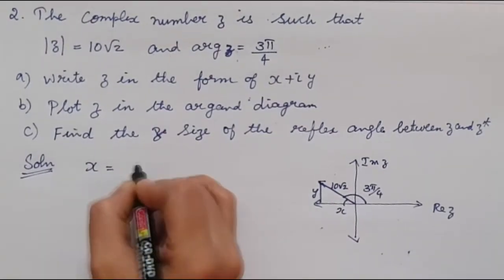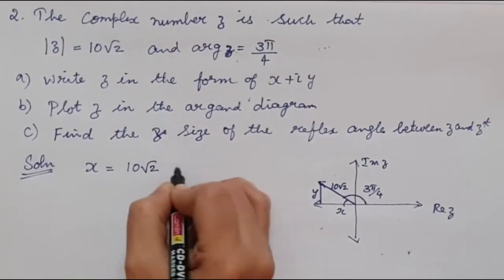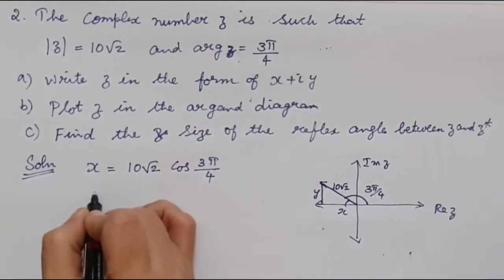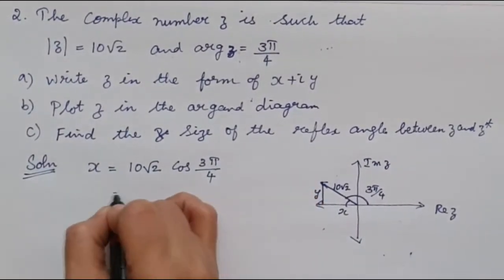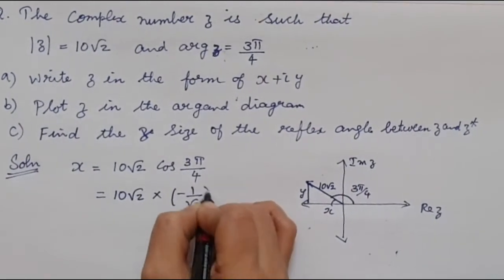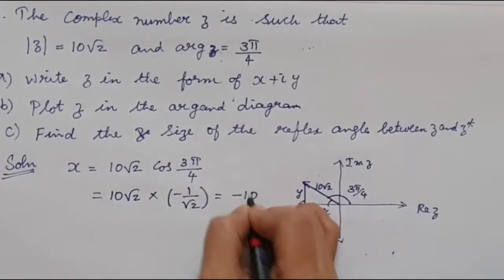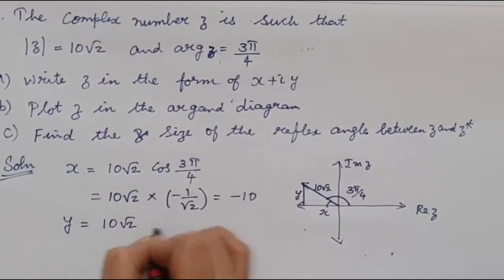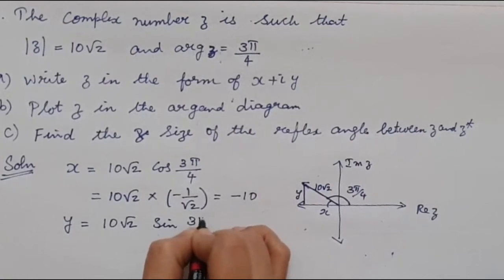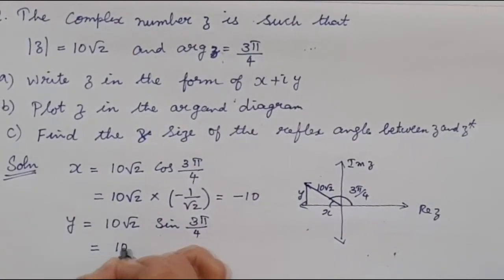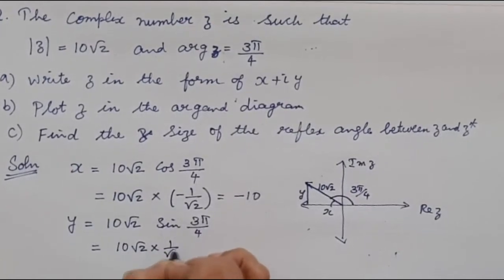So our x will be equal to 10 root 2 cos of 3 pi over 4. That will be equal to 10 root 2 into minus 1 over root 2, that will be equal to minus 10. In the same way, y will be equal to 10 root 2 sine 3 pi over 4. So it will be equal to 10 root 2 into 1 over root 2.